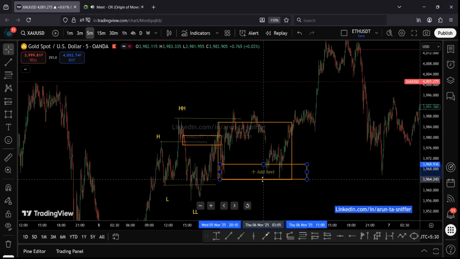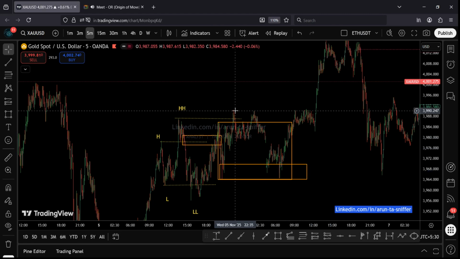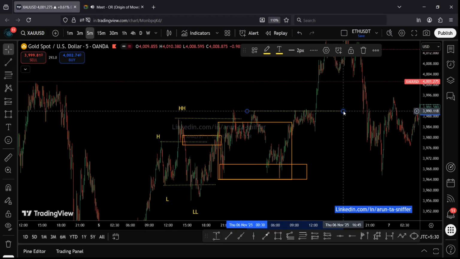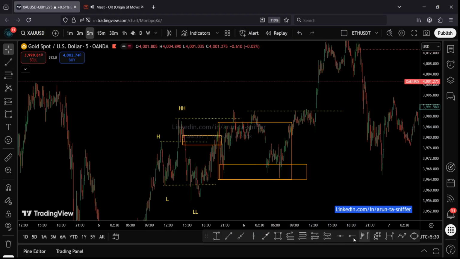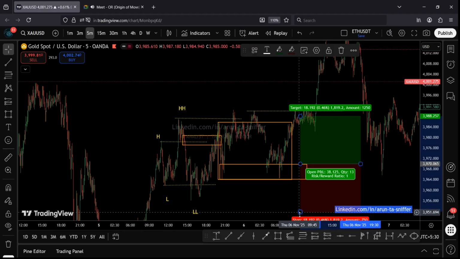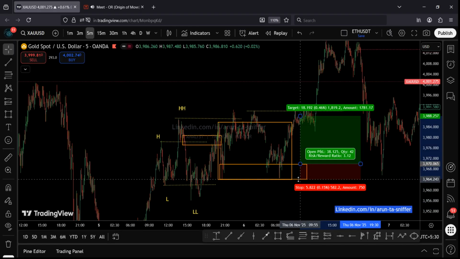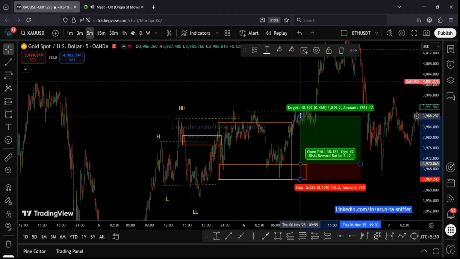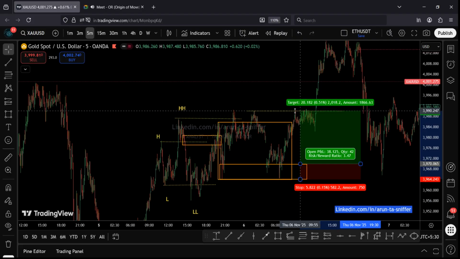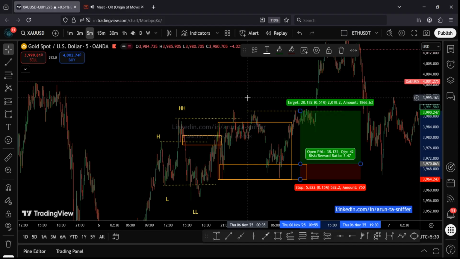So we will keep our target only in this area. Price came back, put a stop loss here, wait till here, almost 1:3, 1:3.5, right?